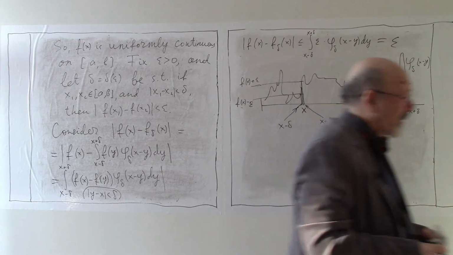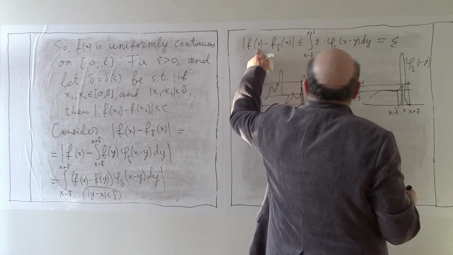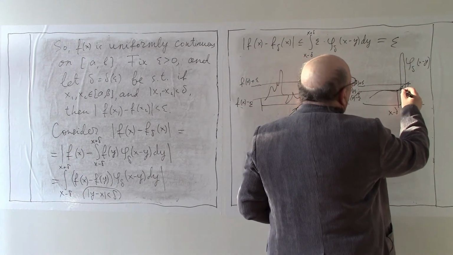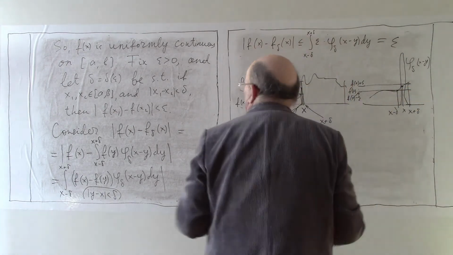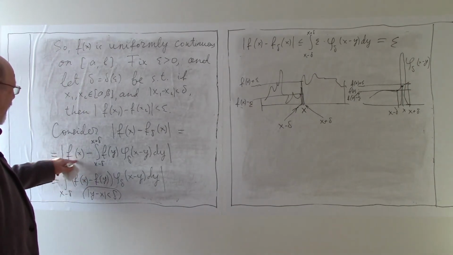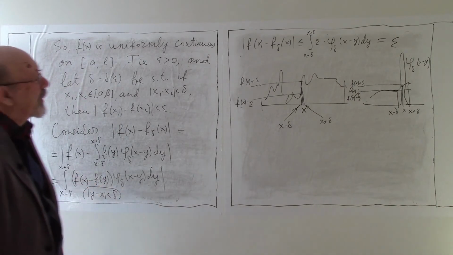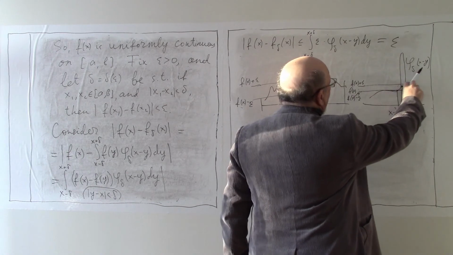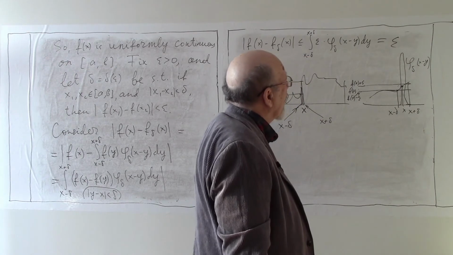On this segment we consider the function f(y) as f(x) plus a difference, and this difference is all within this narrow strip of width 2 epsilon.